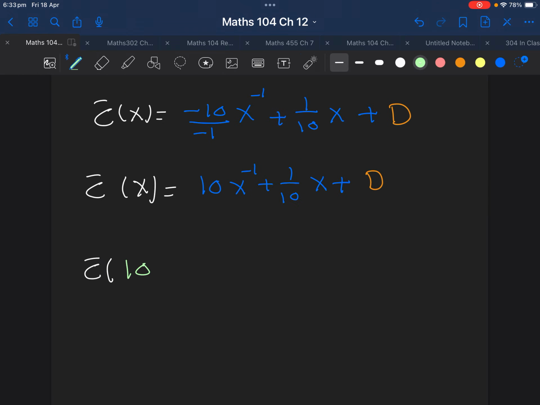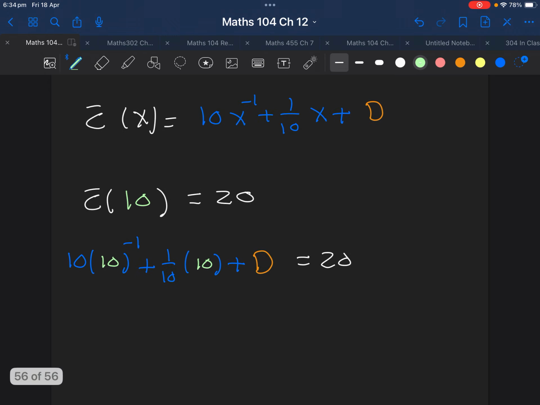So if I plug in 10 here, I should expect the answer to be 20. Remember, my goal is to find this d. So here I need to plug in 10. If we do it with the calculator, the left-hand side will be 2 plus d equal to 20. So 2 plus d equal to 20. That means d itself equals 18.